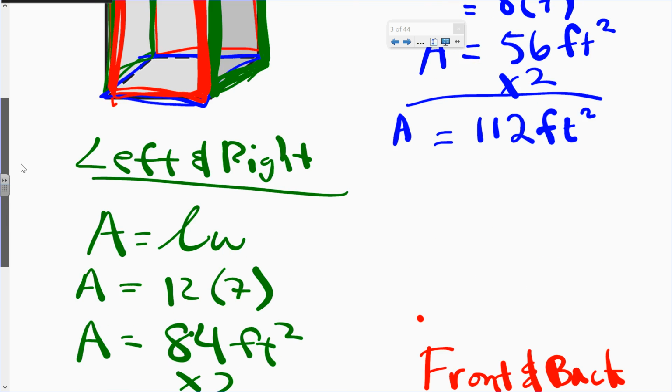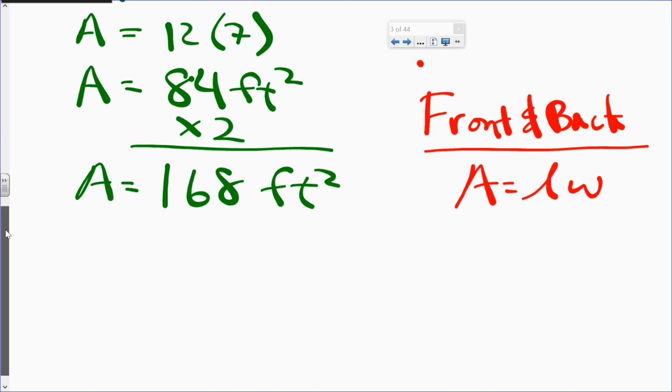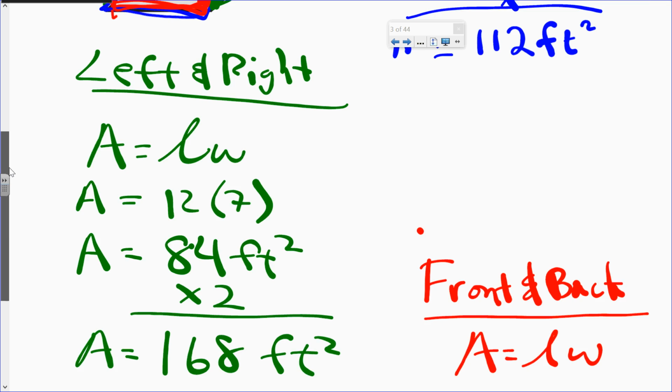So I color coded mine blue, green, and now red. Area formula for a rectangle, Lopez, is what? I'm going to write it down just to remind myself. That's the area of a rectangle. Let's rock and roll.